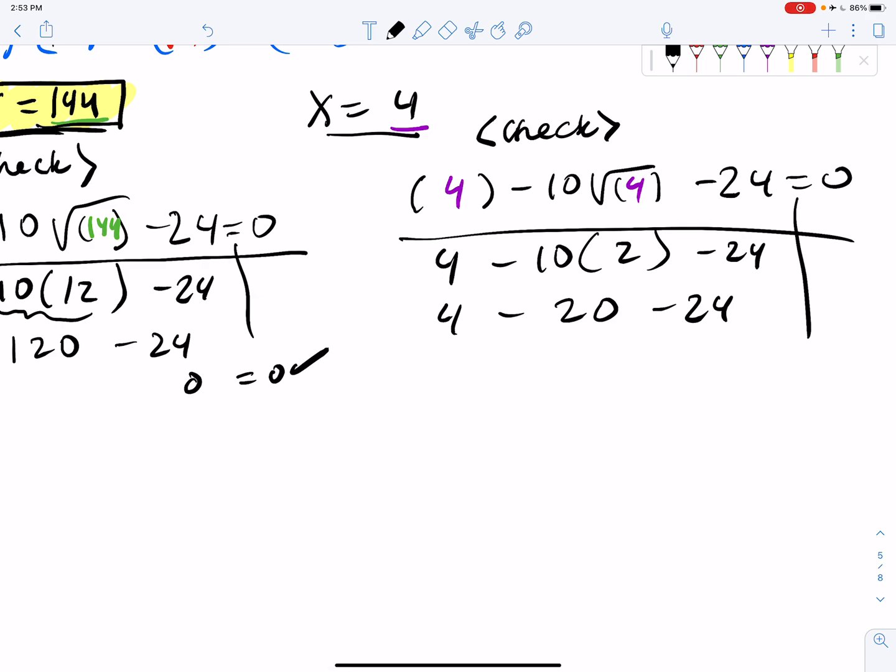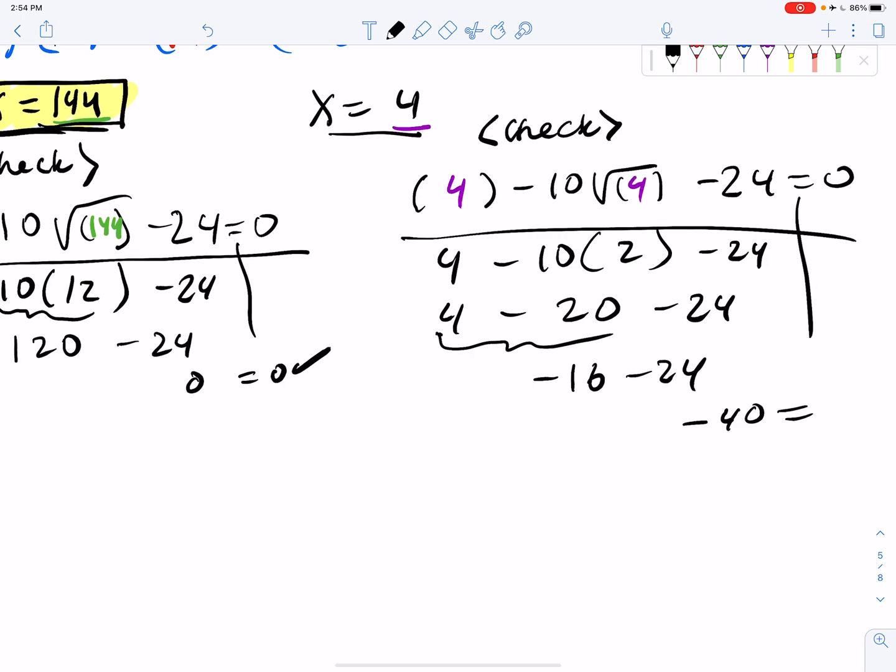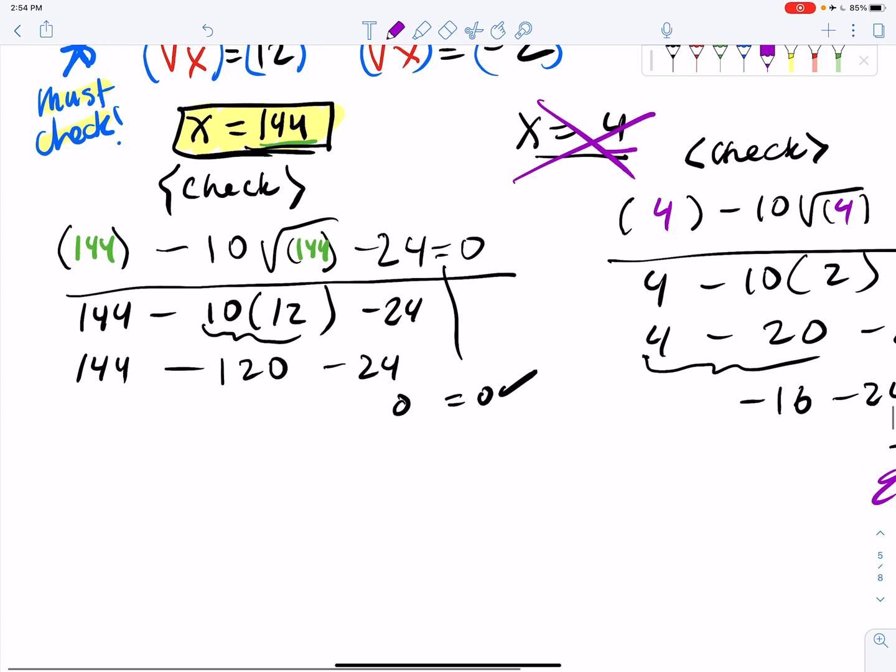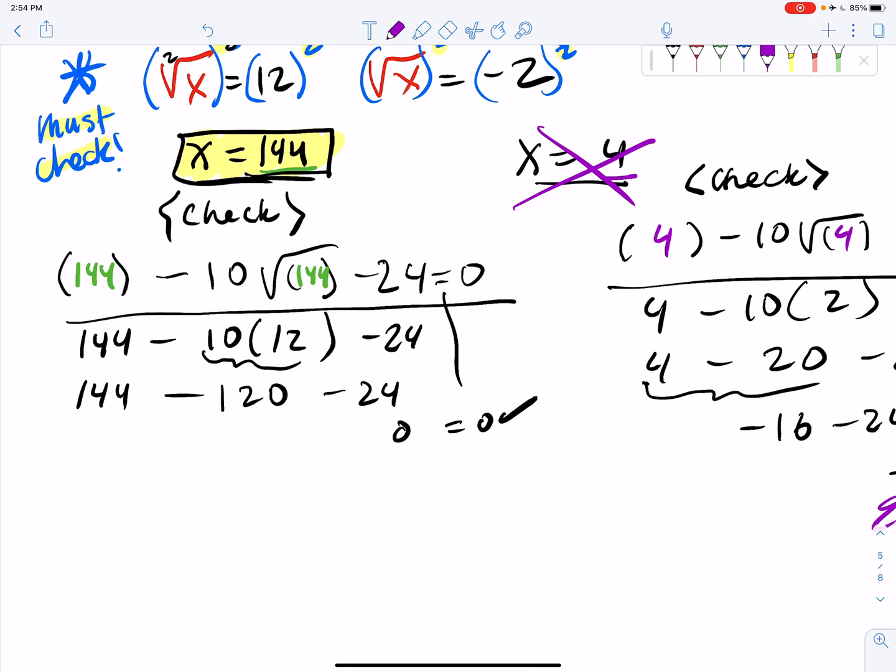I don't think so, because 4 minus 20 is negative 16, minus 24 is negative 40, which definitely does not equal 0. This is an extraneous solution, which means we cross out that answer. It did not work. We only have one solution, and that one solution is x equals 144.